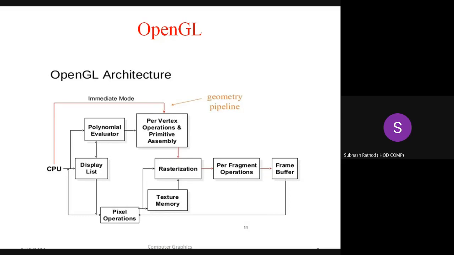The flow is also shown: once you submit your program to the CPU for execution, how the process starts, until the output comes, that's shown in this flow diagram. Hence it is called a pipelining structure. And again, each block is responsible for a certain function.